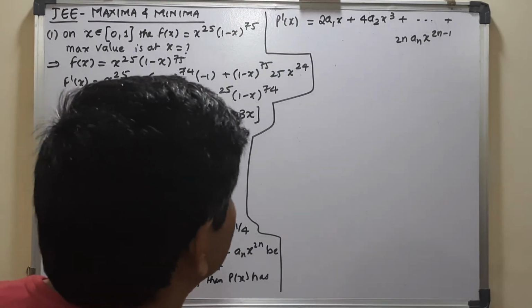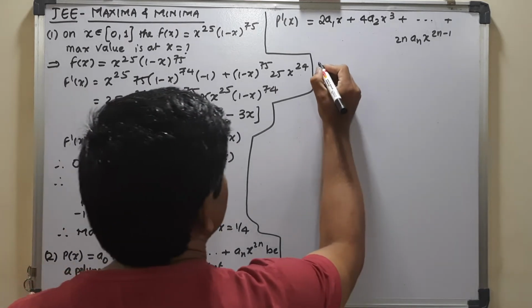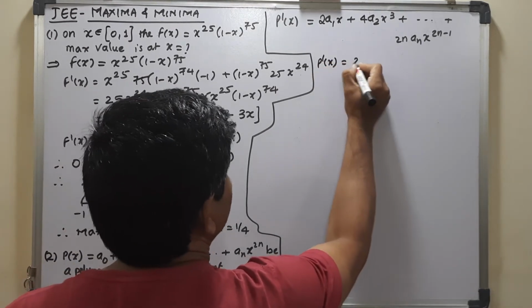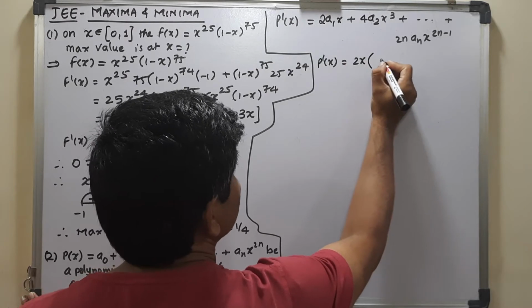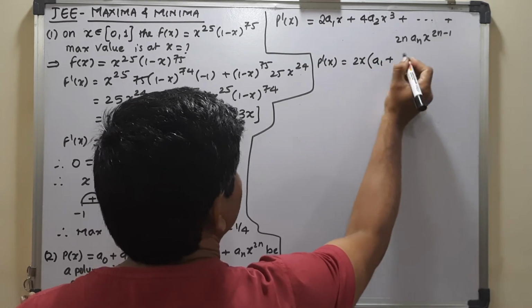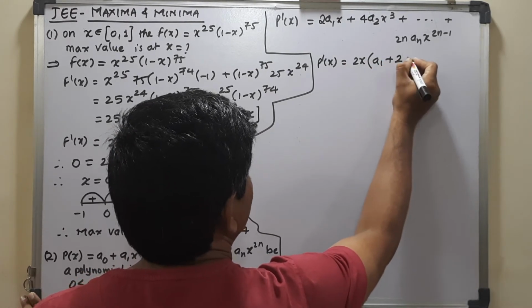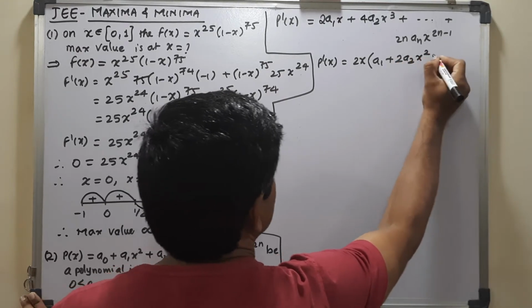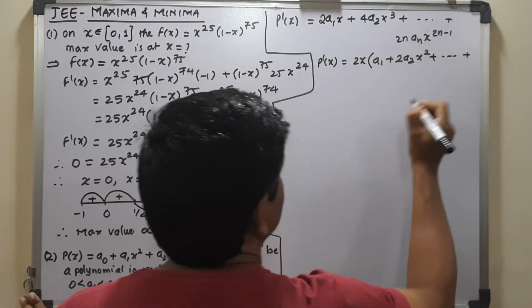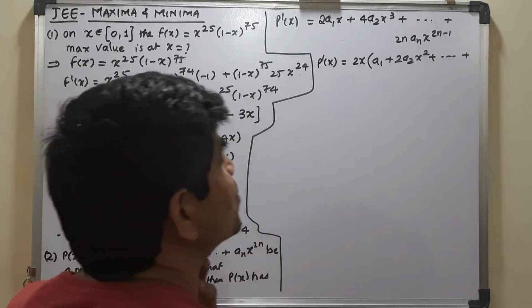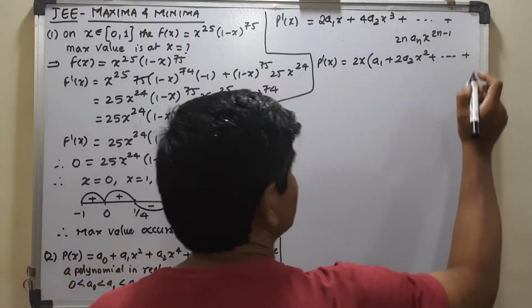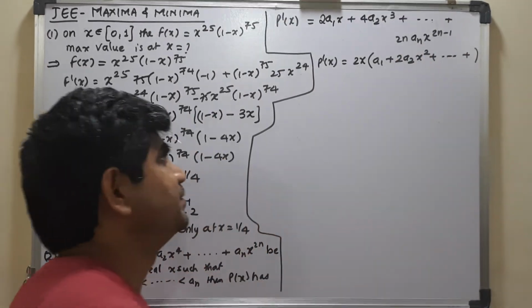So in this I can see very clearly that 2x is present in every term. So here it is a1, here it is 2a2 x square and so on. So 2x going outside, I don't have space, so I will not write it. Okay.